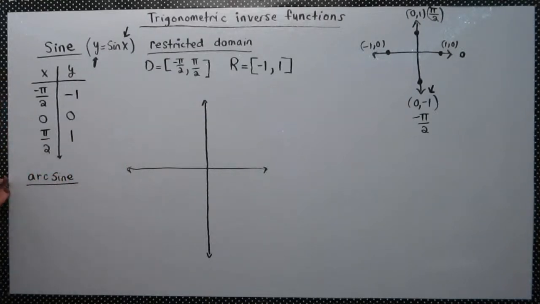Arc sine or sine inverse, and you'll see it either way. So it's y equals sine inverse of x. In a table of values, recall the process: you're swapping your domains.